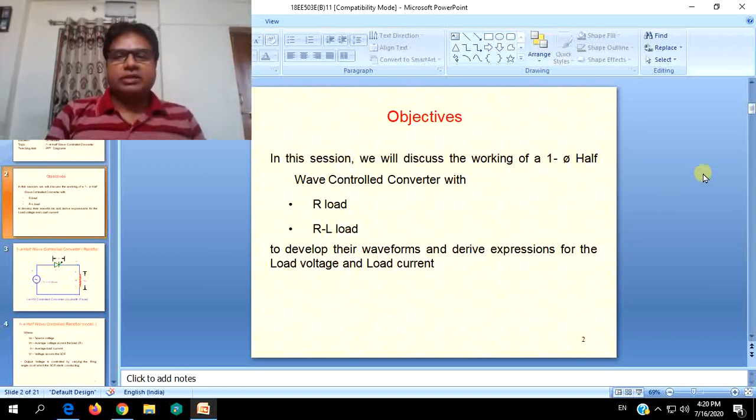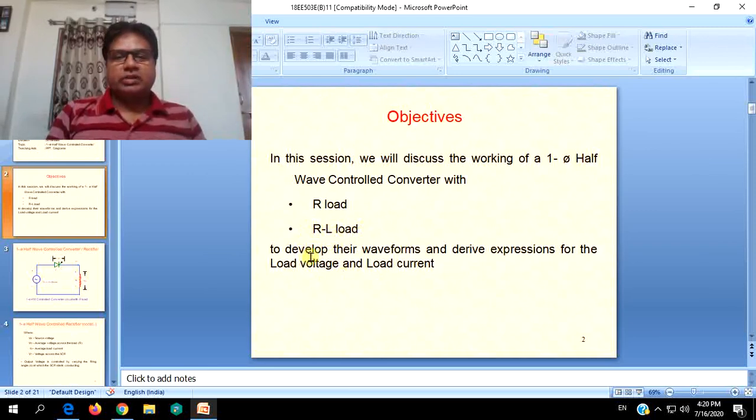We will discuss the working of a single phase half wave controlled converter with R load, that is when the load is only resistive, and the second case when the load is a combination of resistance and inductance.